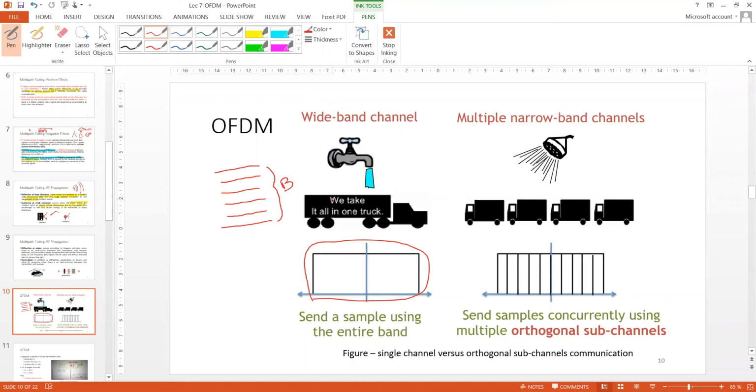Similarly, it is not as efficient as the process in which you divide your entire load and transmit that load in smaller chunks or in smaller channels. Okay, so this is the basic concept. Why is it efficient to transmit your entire load in smaller channels rather than transmitting it in a single long channel? Let's try to understand this.